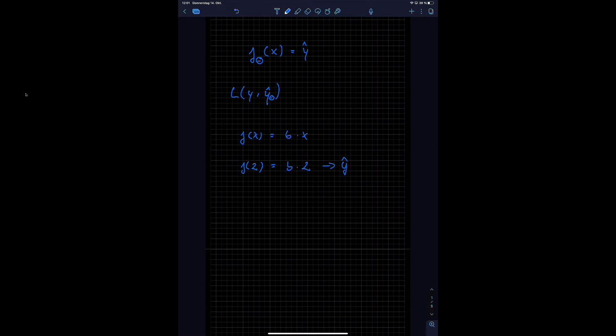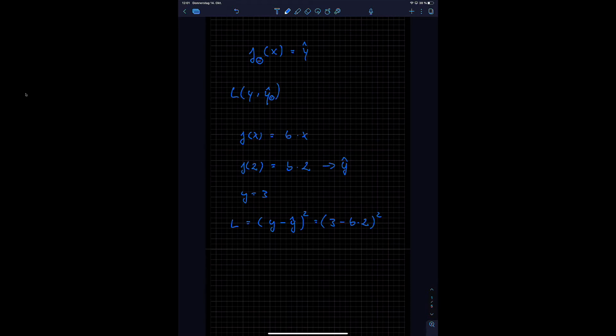And now in the example, our true value will be 3. And if we use the loss function, which is the squared deviation in this example, then we have y minus y hat. So with only the single observation here, we have 3 minus b times 2. And we take a look at the squared deviation.